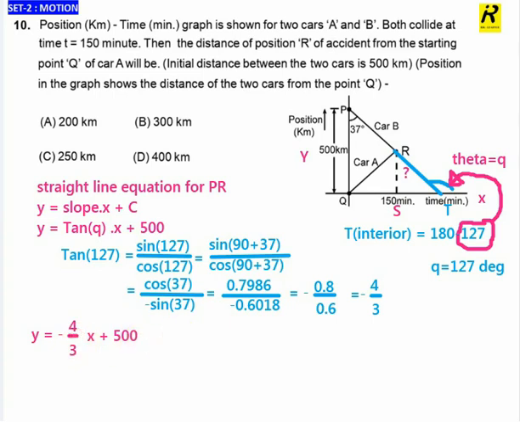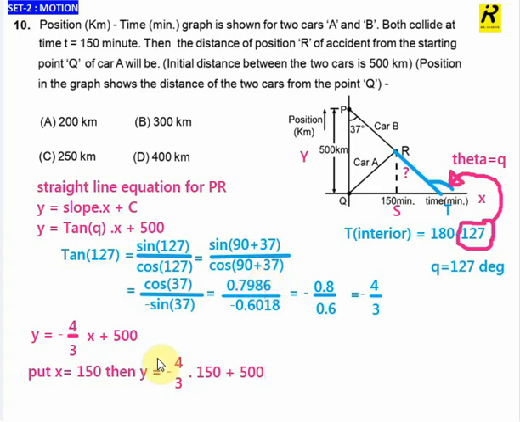Now let me put x equals 150, where x is time, so time is 150 minutes. If x equals 150, then y equals minus 4 divided by 3 into 150 plus 500.